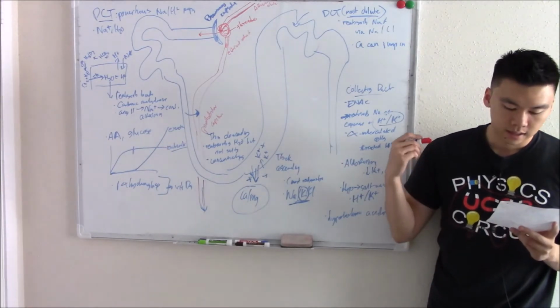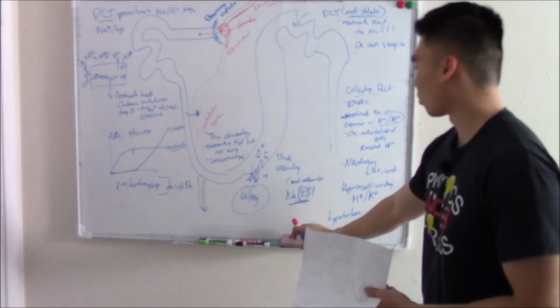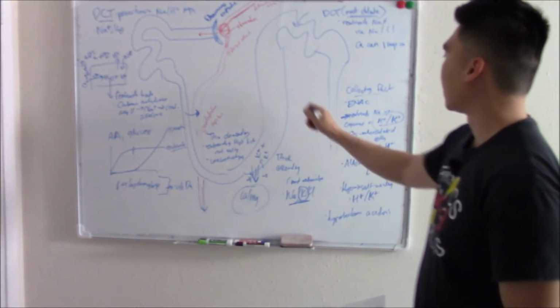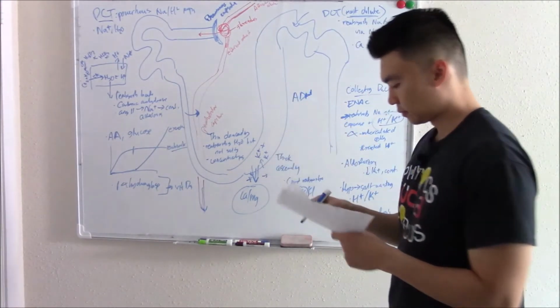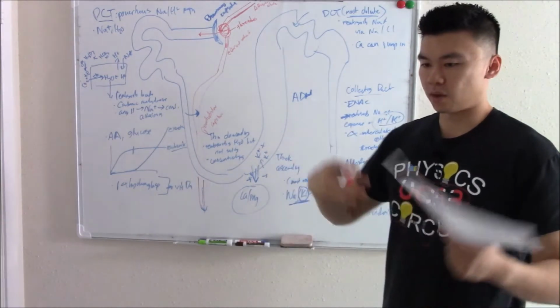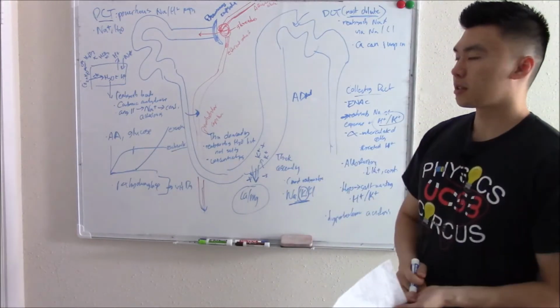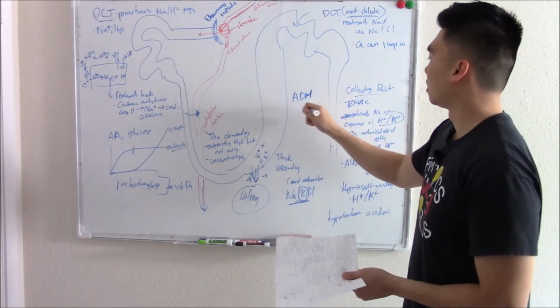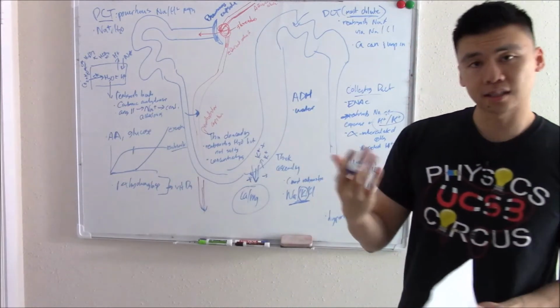Okay. One more thing. There's another hormone that works on it called ADH. This is another part of the RAS pathway. We said the RAS pathway is you trying to reabsorb more sodium, reabsorb more water. Well, ADH really loves the water part, so it reabsorbs more water. How does it reabsorb more water?